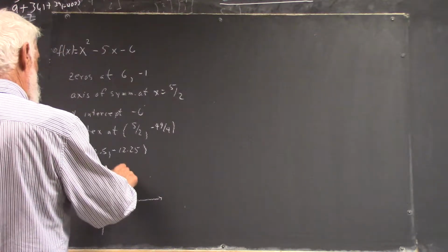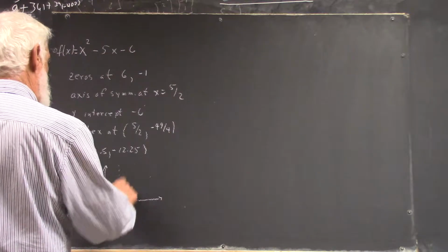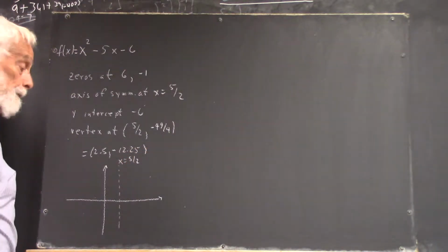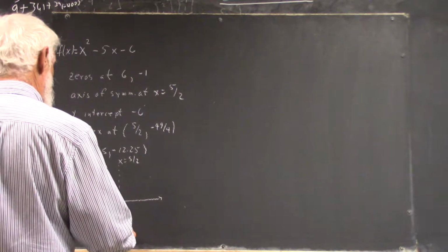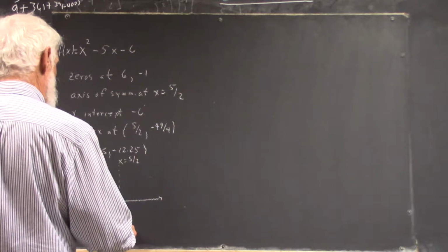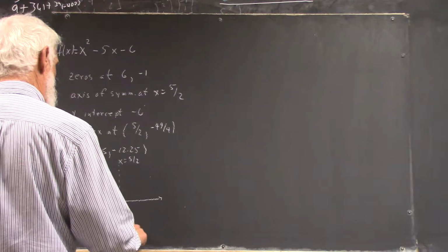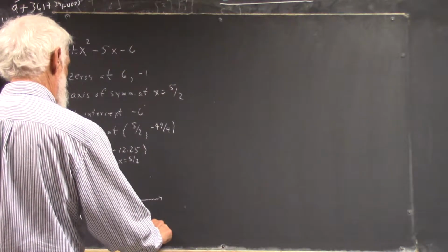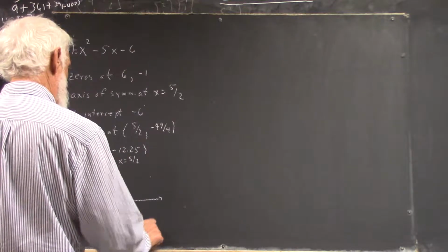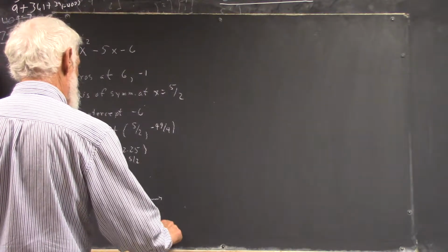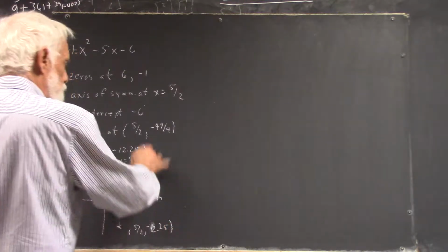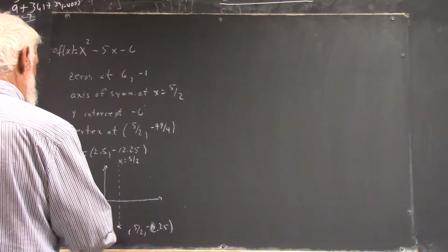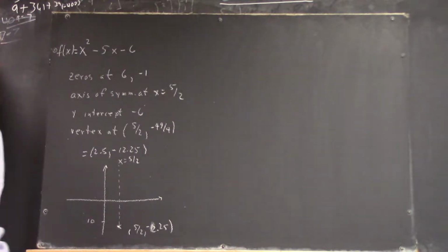So if we have our vertex at x equals 5/2 and y equals negative 12.25, so it's like we've got negative 10 here.